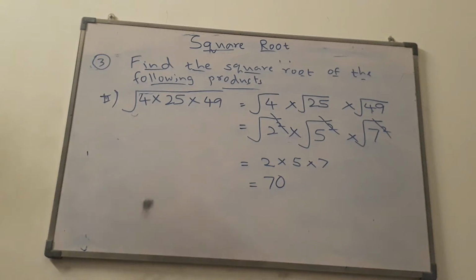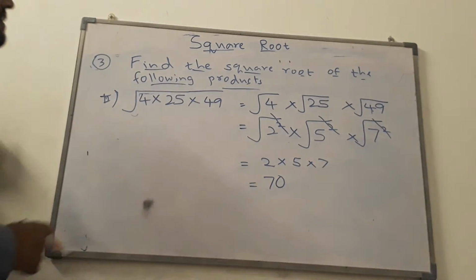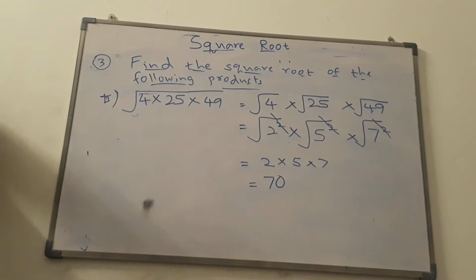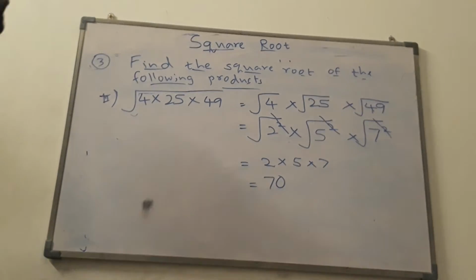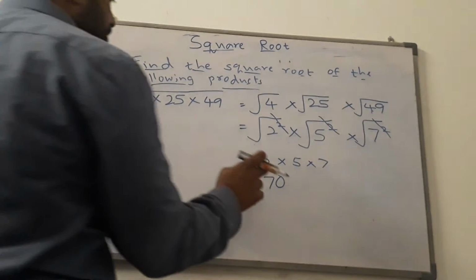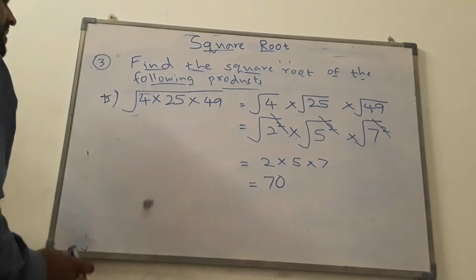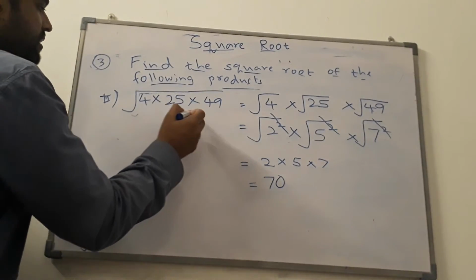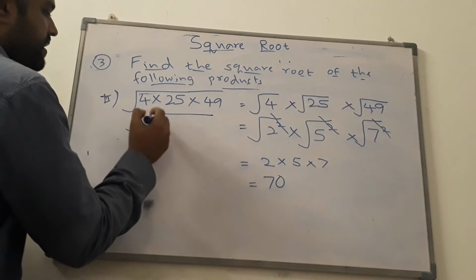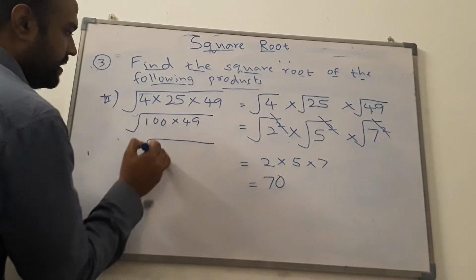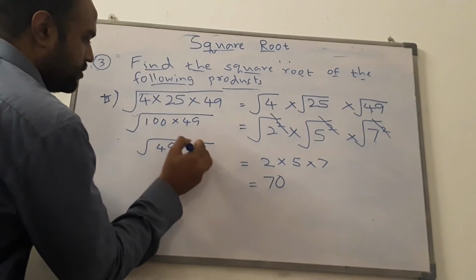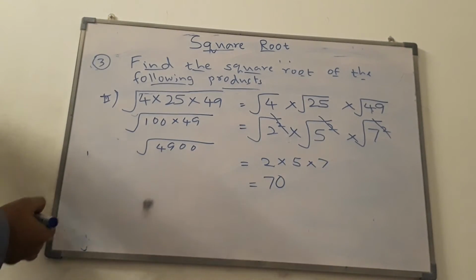If we multiply out, we get 4 times 25 times 49, which is 4900, and the square root of that is also 70.